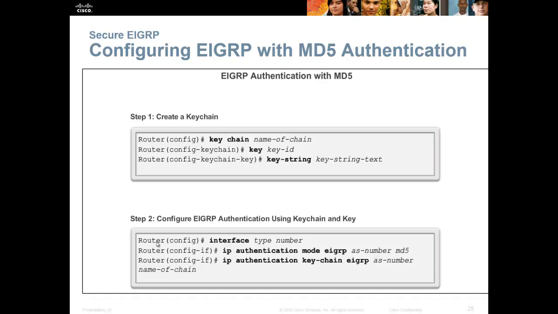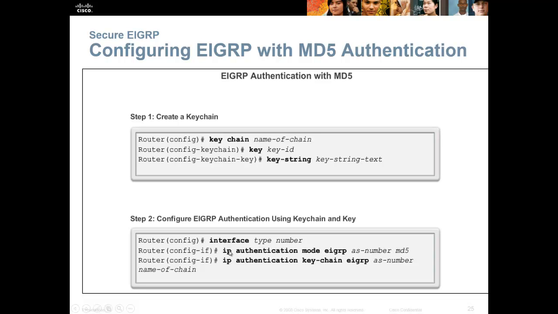Hooray! So with EIGRP we use keychains. Basically what we need to do is create a keychain, and then we can create different keys inside the keychain, and each key has a string, or the code of that key. So in this case, I might make keychain Bob, and then this could be key 1, and the key string will be Cisco 123. And then I go to the interface and turn it on for EIGRP.